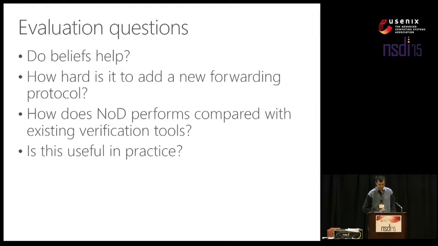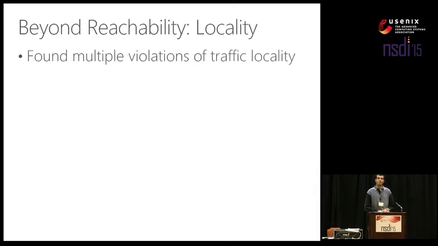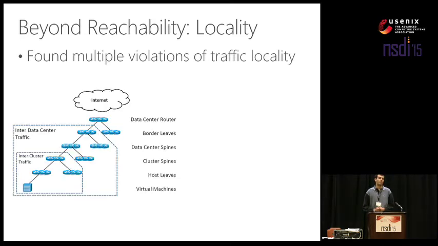Hopefully, yes. First we took this locality belief. Here I have a picture from our data center. This network is very hierarchical, so if I send a packet to my neighbor rack, I don't want the packet to go to the internet and come back. So we check that this belief, that packets should not go too far, actually holds.